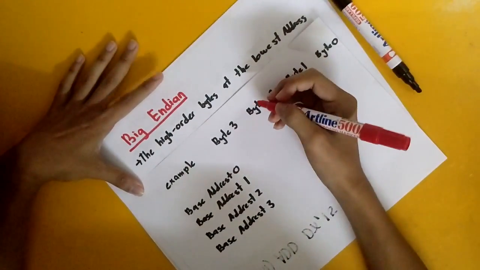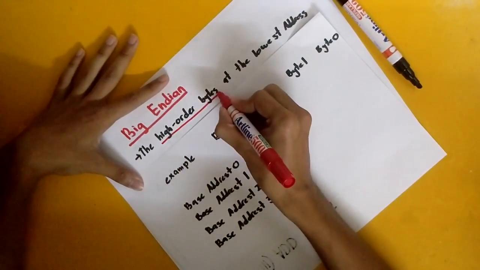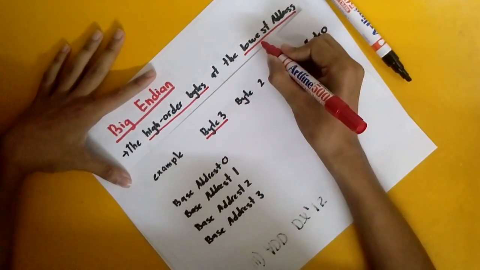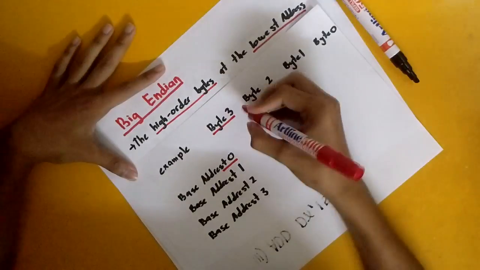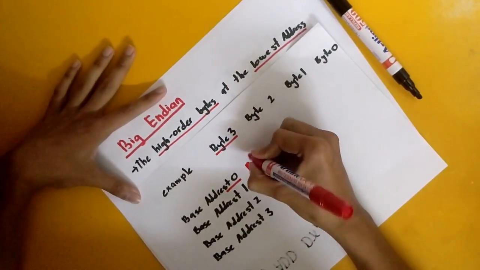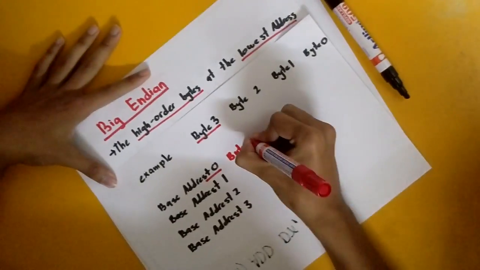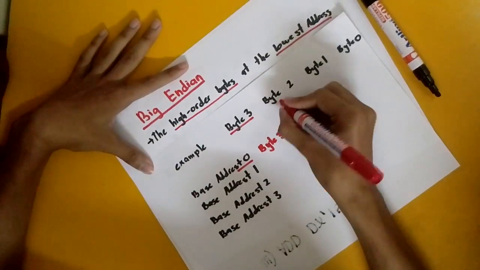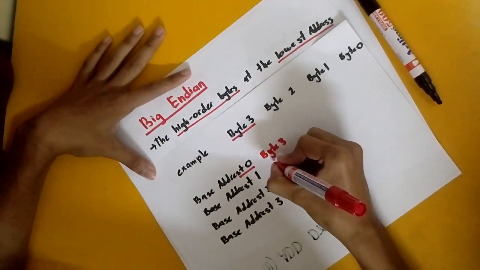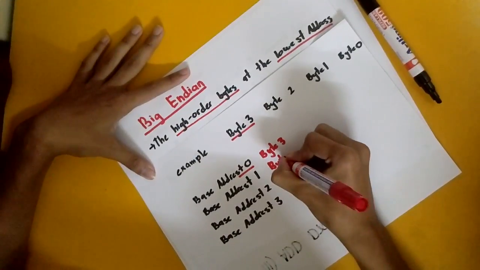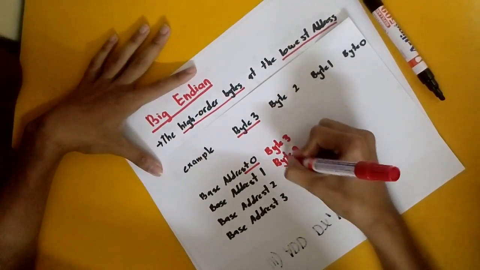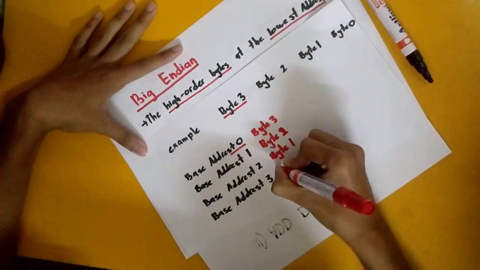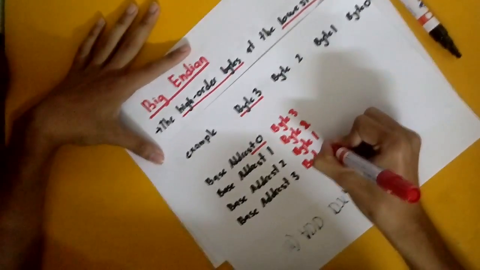Okay, because Big Endian is the high order byte at the lowest address, the high order byte here is byte 3 and it will be at the lowest address, address 0. Byte 2 goes at address 1, as the second highest. So it will go on until byte 1, and lastly byte 0.